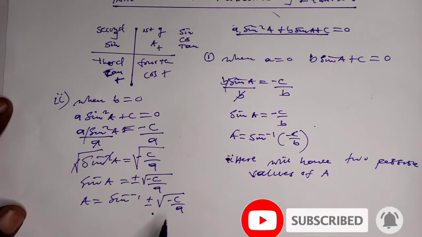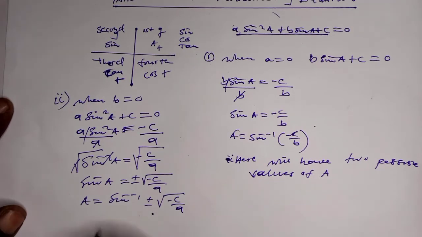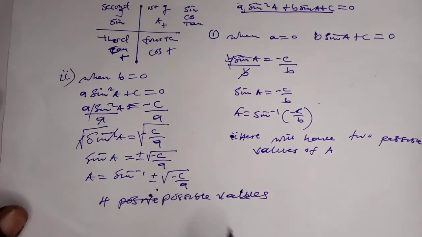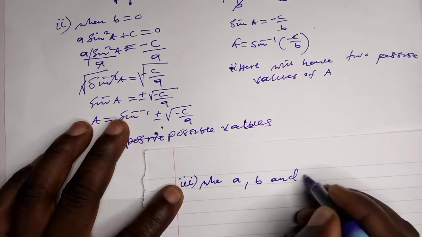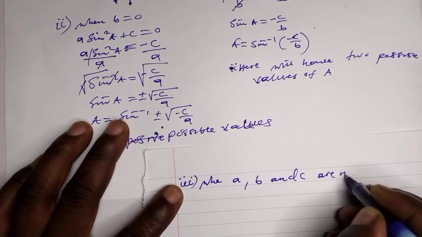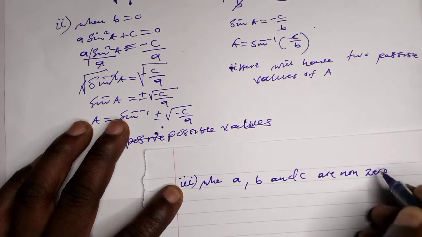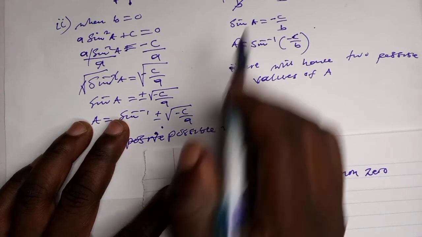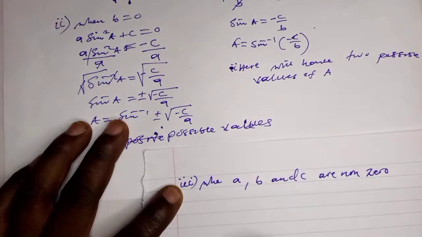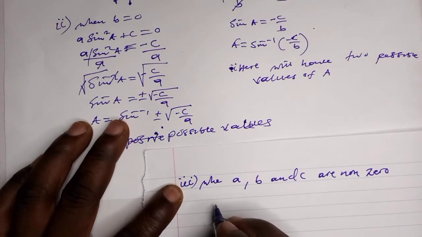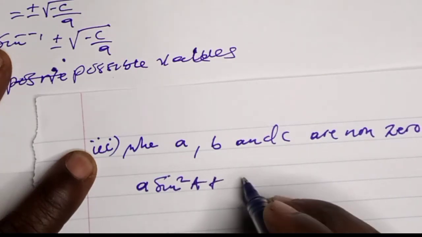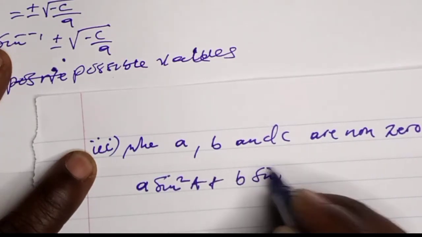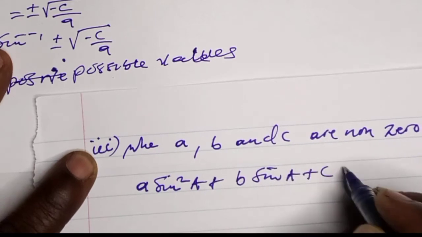In this kind of equation we are going to have 4 solutions. Here a, b, and c are non-zero in this quadratic equation. Then the quadratic equation will be a sine squared A plus b sine A plus c equals 0.